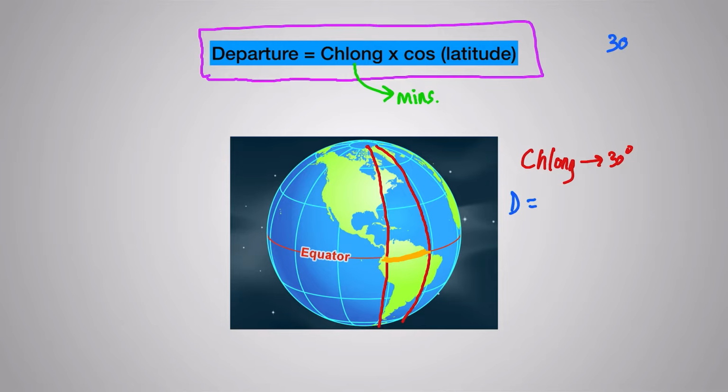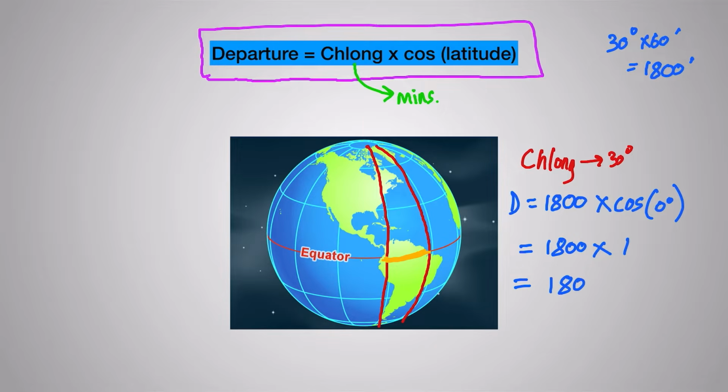So it will be 30 degrees into 60 minutes. Now the answer will be 1800 minutes. So my departure is 1800 into cos of latitude. So the latitude at the equator is 0. So it will be 1800 into 1, which is equal to 1800 nautical miles. So now this is the distance over here, which is 1800 nautical miles.